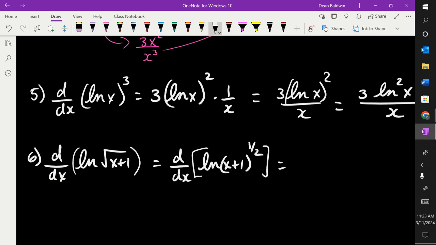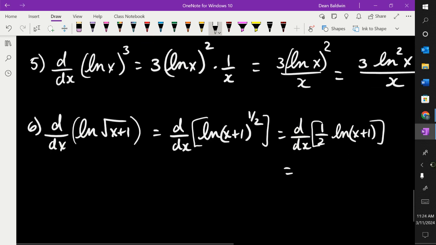And then what can you do with the exponent? You can drop it down. And then if you're doing the derivative of that, the constant doesn't matter, so we can just write the 1/2.